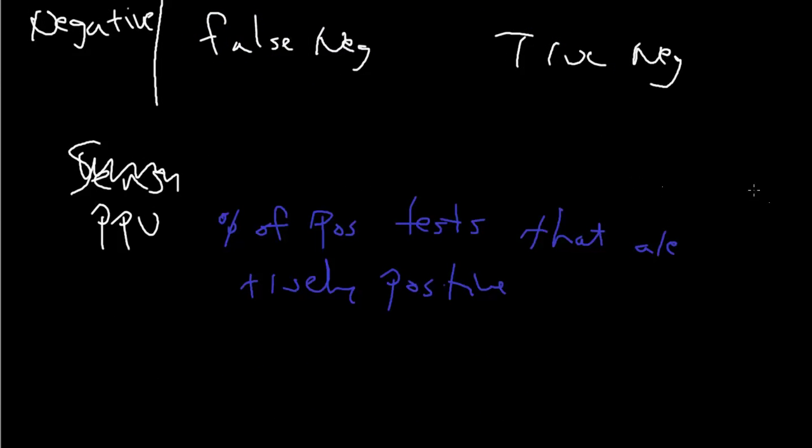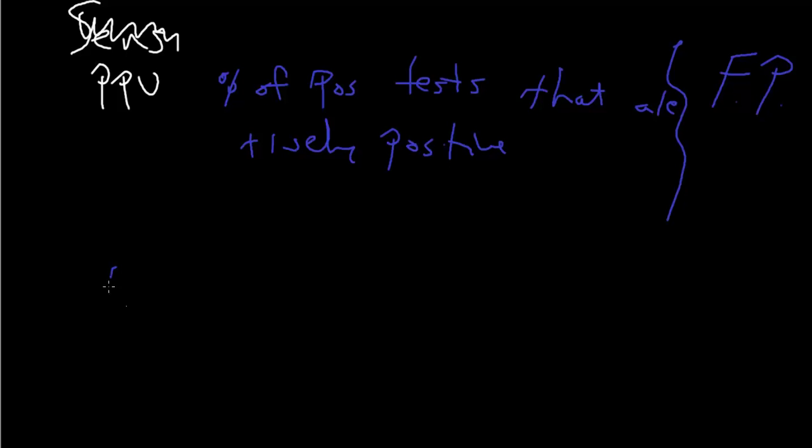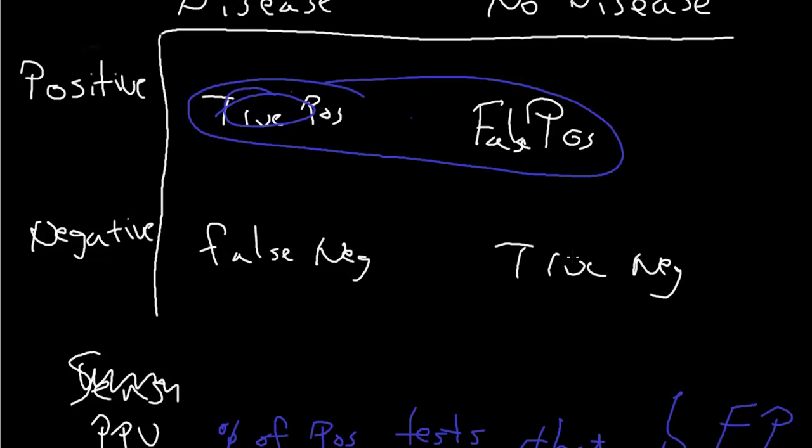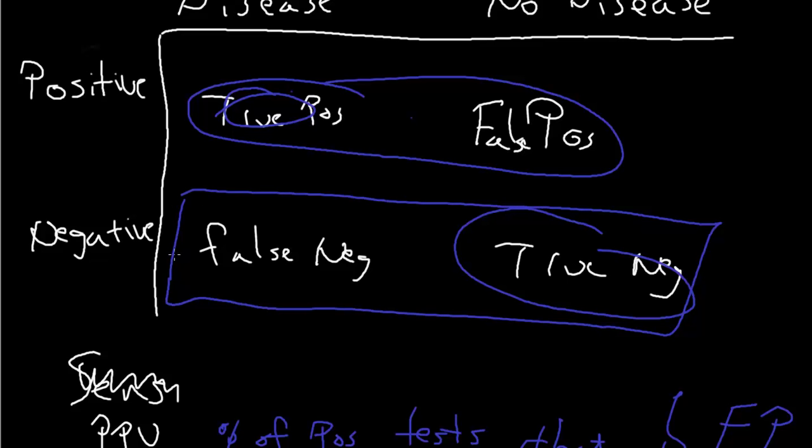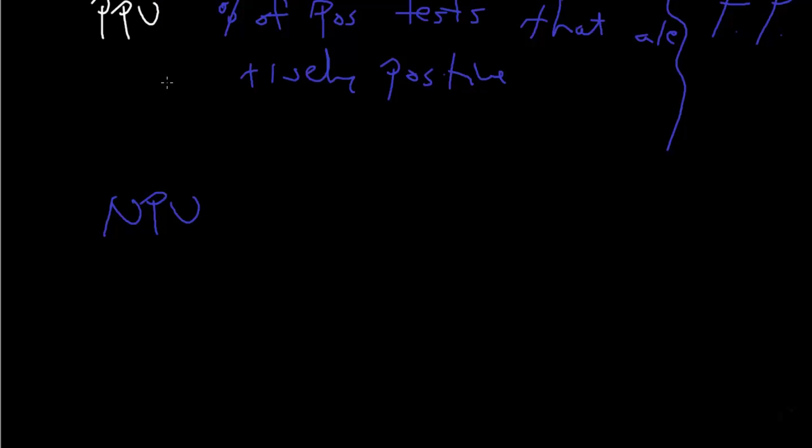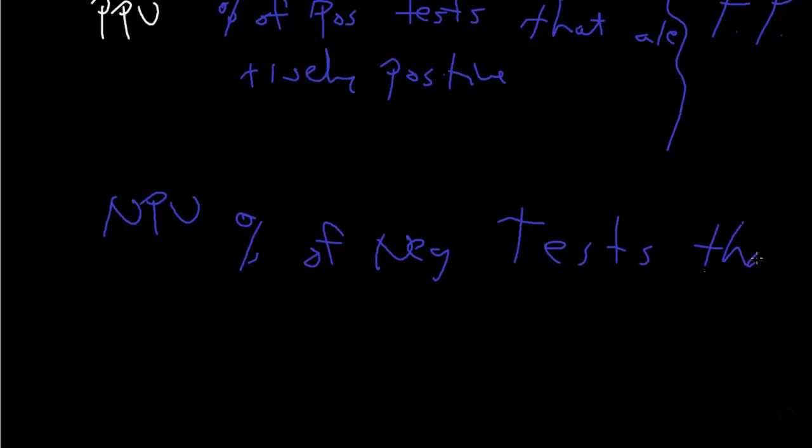In other words, this is really your test for false positives. Okay, and your negative predictive value is going to be your true negative divided by the total number of negatives. And again, what does this translate into? Well, it's the percentage of negative tests that are negative. Put another way, this is your false negative rate.